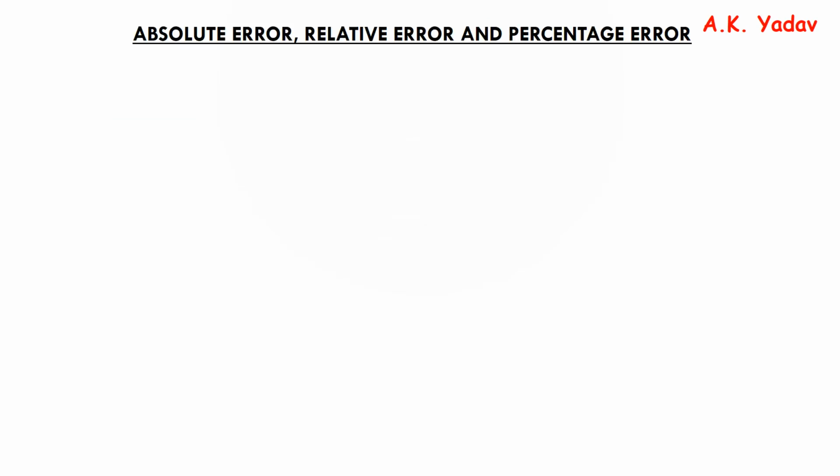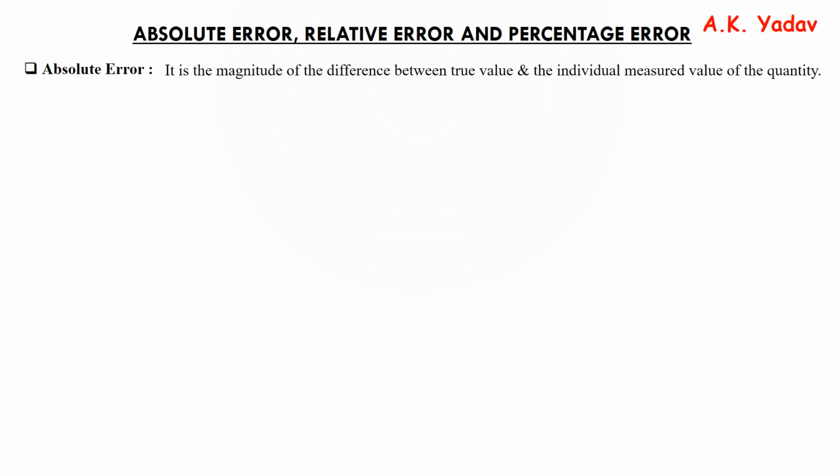Now let us move to the next topic: absolute error, relative error, and percentage error. So the first is absolute error. It is the magnitude of the difference between the true value and the individual measured value of the quantity. Let us suppose I have a physical quantity which is measured n times, and the measured values are a1, a2, a3 up to an.